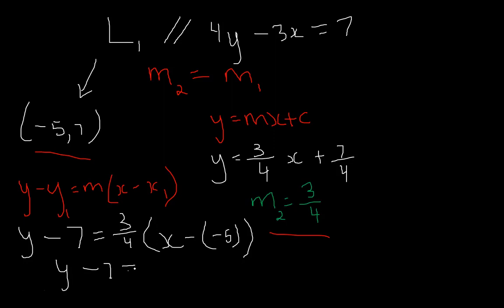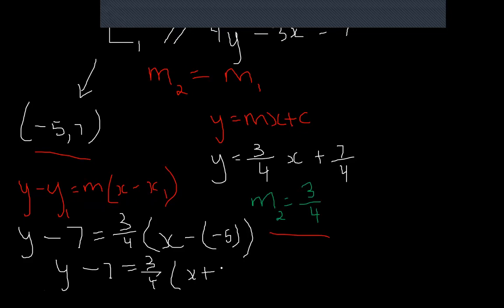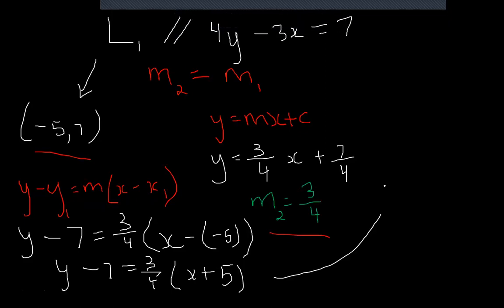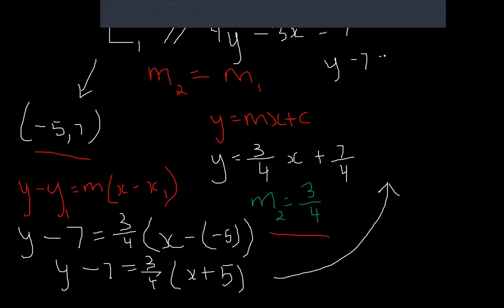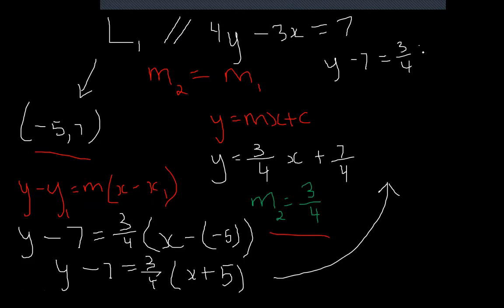y minus 7 is equal to 3/4 (x plus 5). Looking up here now because I don't have enough space. We could expand those brackets. So y minus 7 is equal to 3/4 times x, 3/4 x, plus 3/4 times 5.